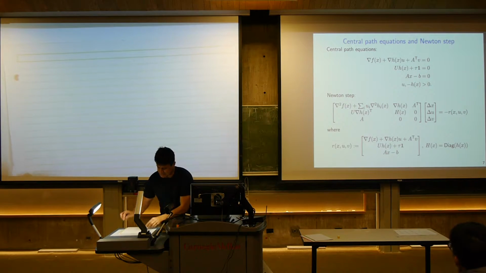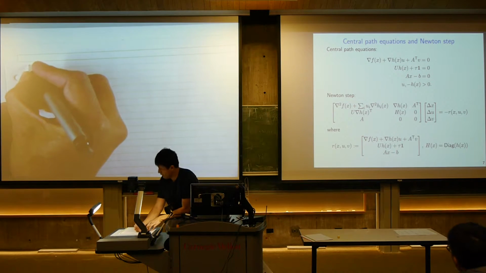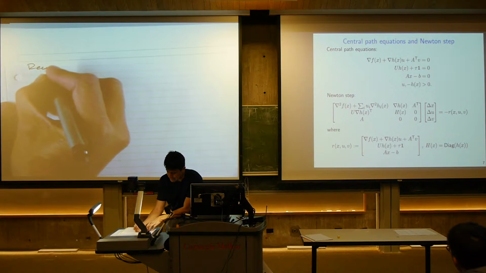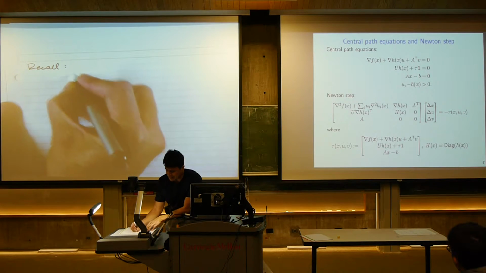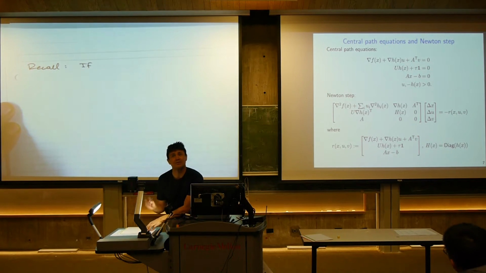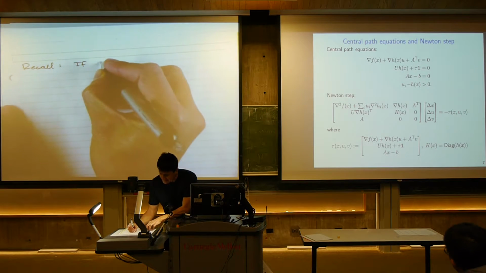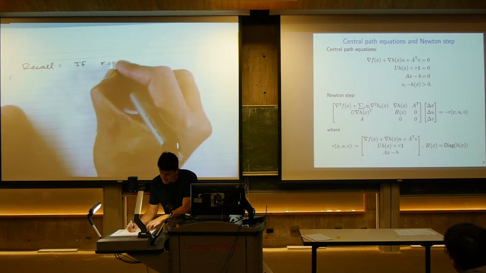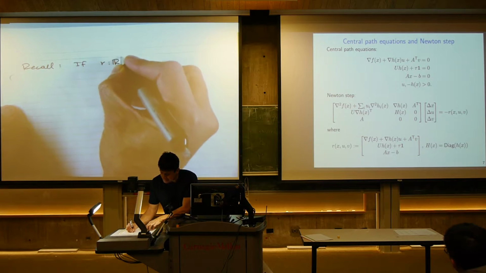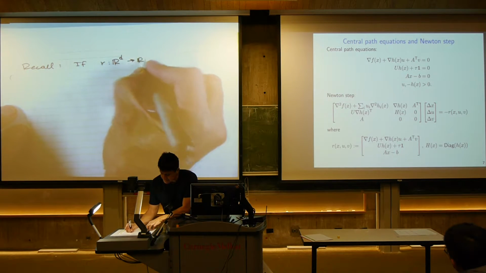So let me recall this real quick. I'm going to use the following notation to make it consistent with what I have there. Let's say that R is a function from R^D to R^D.